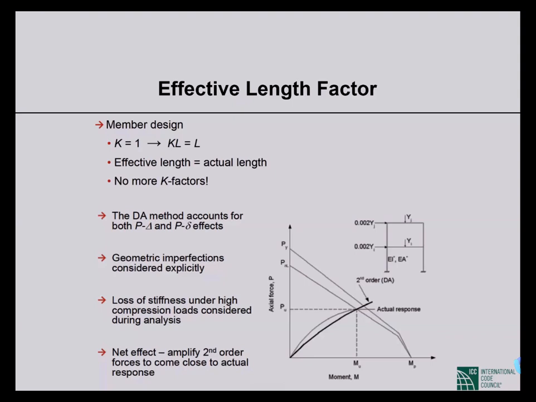You have to go for direct analysis method. Loss of stiffness under high compression loads is considered during analysis. And by all these provisions in direct analysis method, the net effect is that it amplifies second order forces and the results are very close to actual response.